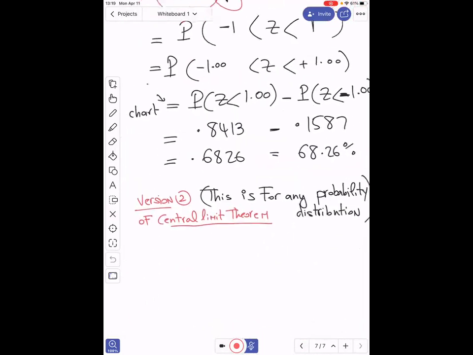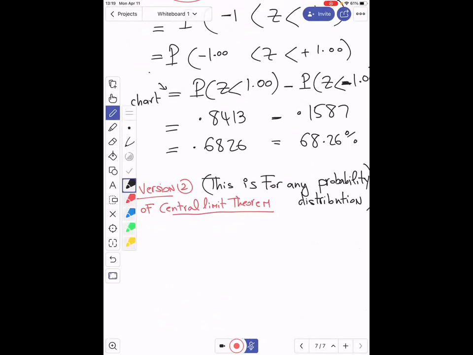So what does the theorem say? Well, it's almost the same thing. It's just that there is a restriction on the size of the sample. Suppose X has any probability distribution.